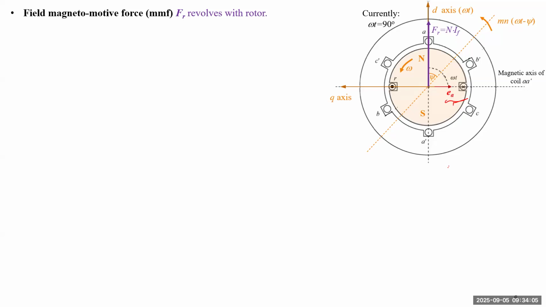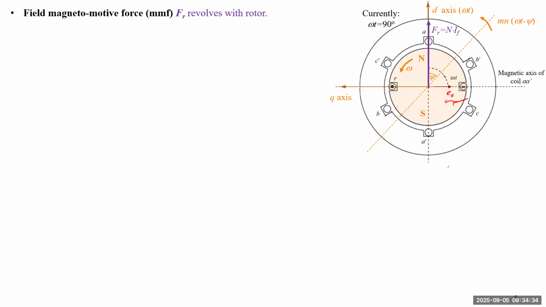Okay, to determine the magnitude of this voltage, we have to know what contributes to inducing it. That will be contributed by the voltage induced by magnetomotive force. Magnetomotive force means you have current inducing a magnetic field, and the magnetic field induces voltage.